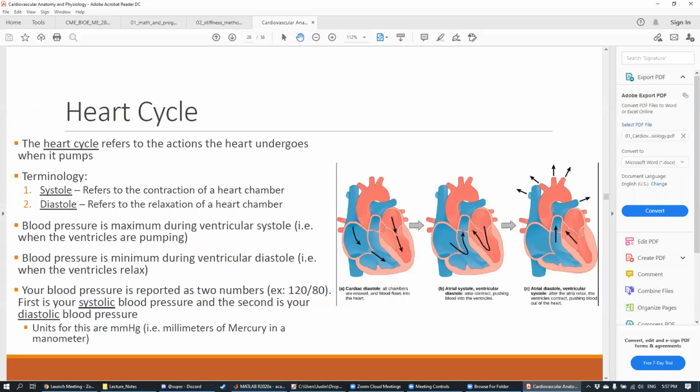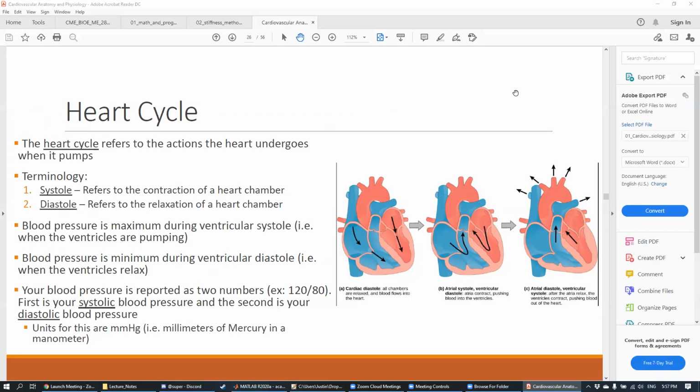Is your heart always in systole or diastole, or can it be that one is squeezing and the other is not? Yeah, that's a good question. Typically your ventricles will contract together. Both your right and your left ventricle will be in systole together and diastole together. Same thing for your atria.